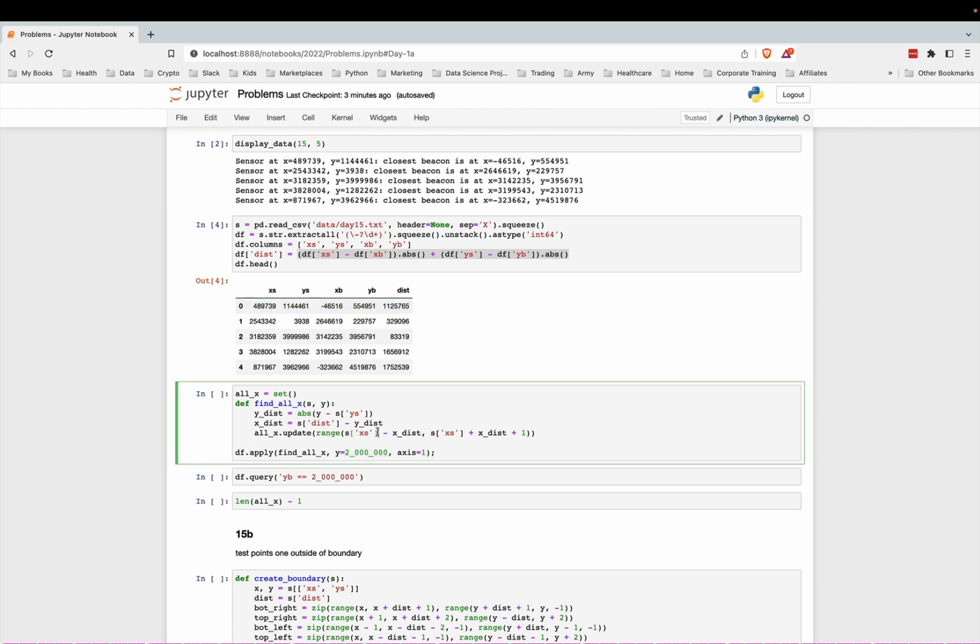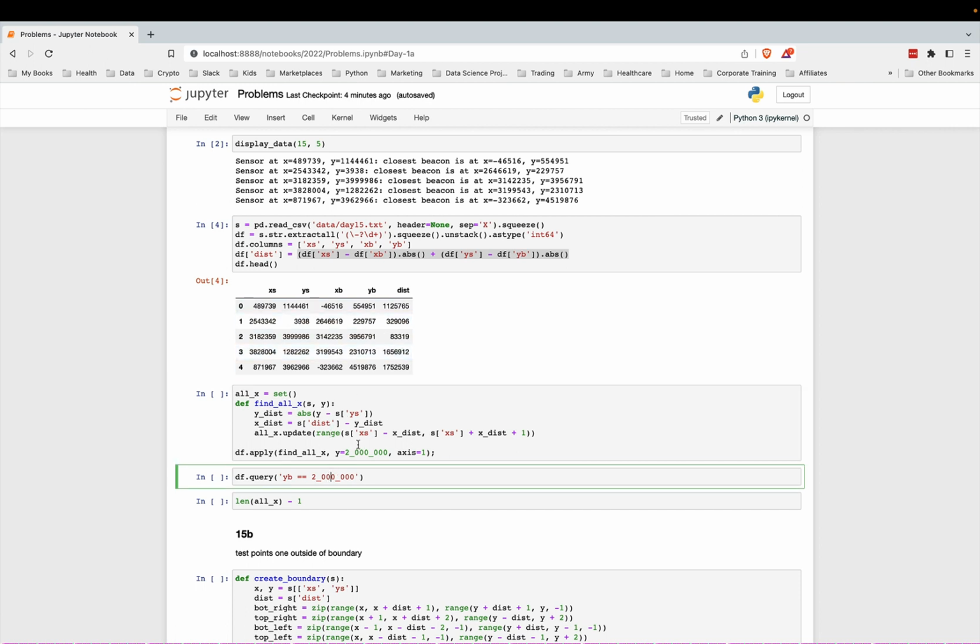All right, so we have a little function that's going to go through every single one of these sensor beacon combinations and figure out all of the x's such that the distance is less than from the sensor to the beacon. All right, so the way this works is, this is going to be called on every row.